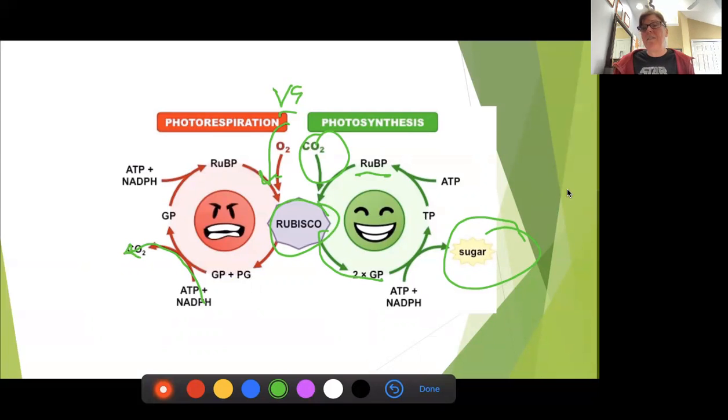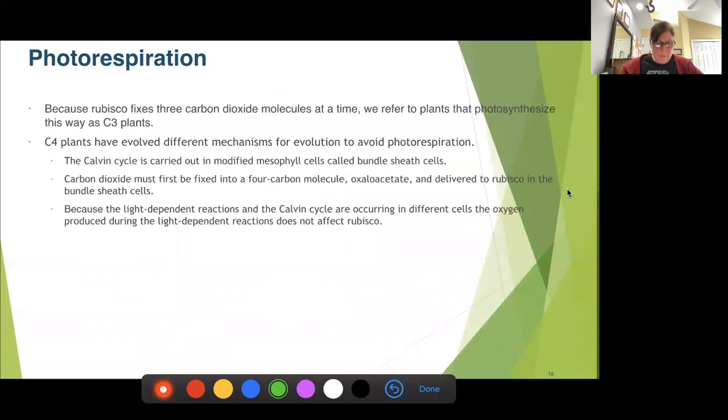So plants have had to modify some of their methods of doing the Calvin cycle to prevent this loss in product. And so there are a couple different ways through evolution that we have adapted some kind of additions or modifications to avoid photorespiration.